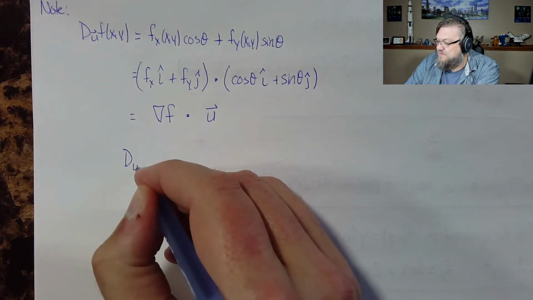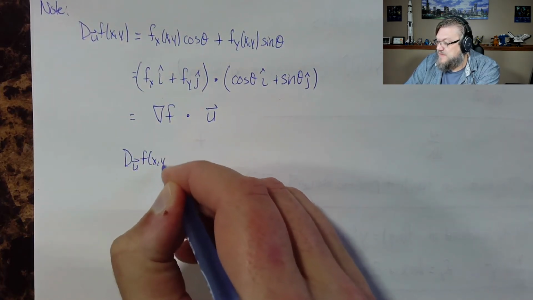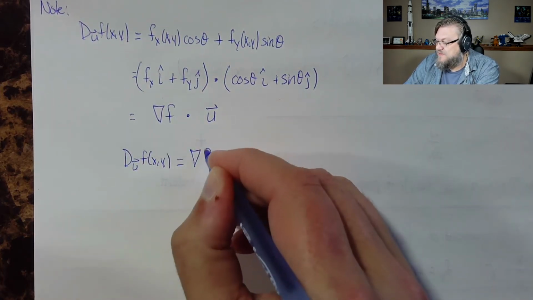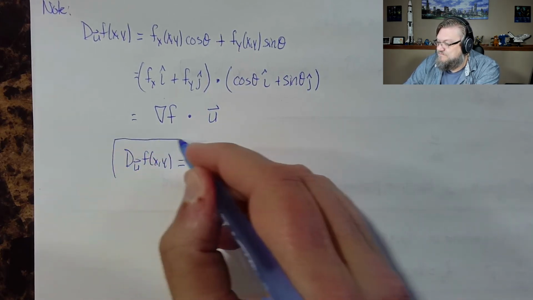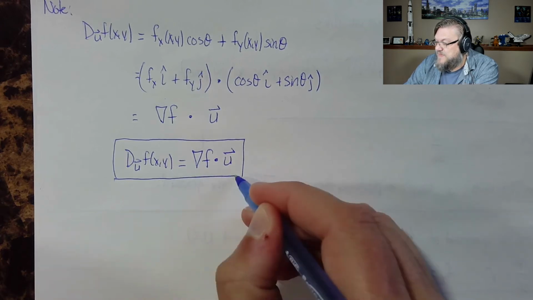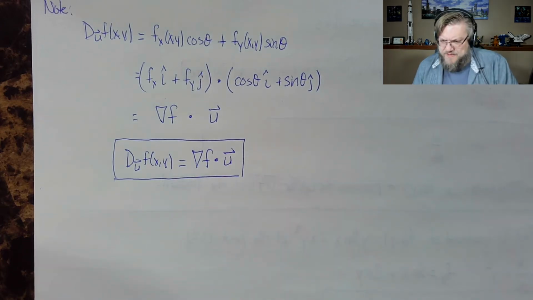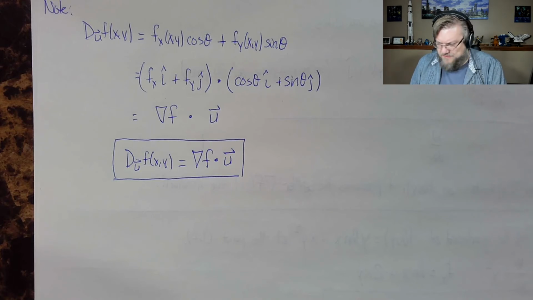So the directional derivative of a surface is simply the dot product of the gradient with the direction you're looking in. See that? And that's kind of cool. That's clean. That's a real nice way of thinking about it, right? Obviously, it's sort of been defined to do this, but yeah, that's a nice connection, right?